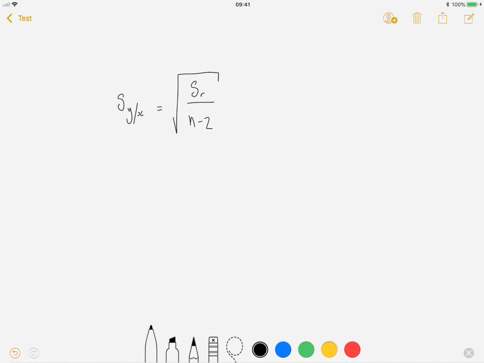Now, the reason why I use n minus 2 is because we've lost 2 degrees of freedom when calculating A0 and A1. Okay, but now, what about the error of our least squares regression?